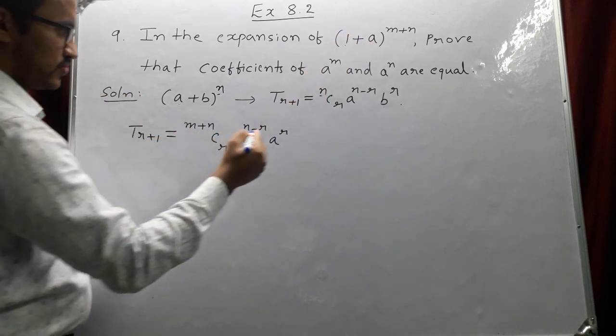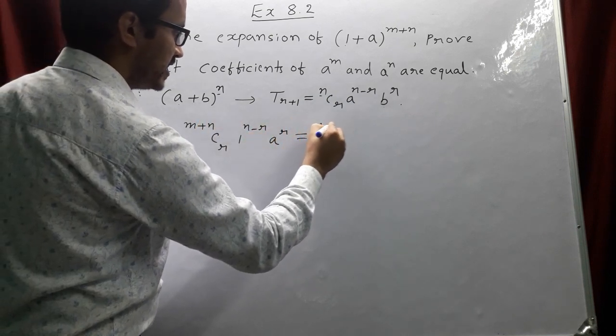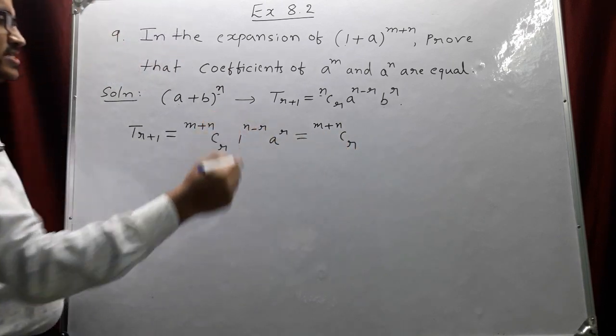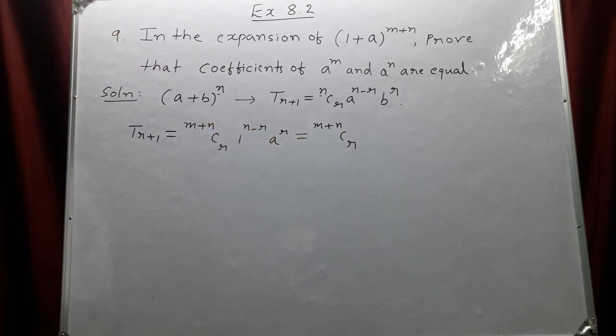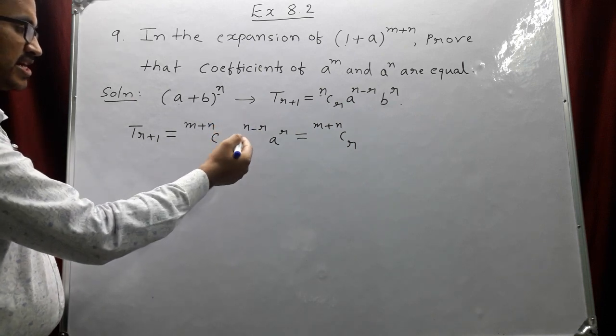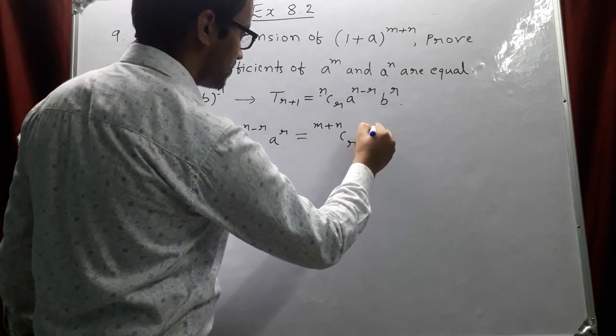So that is equal to (m plus n)Cr. Since n and r are positive integers, 1 power n minus r means 1, into a power r.